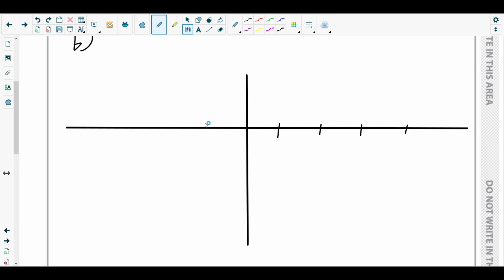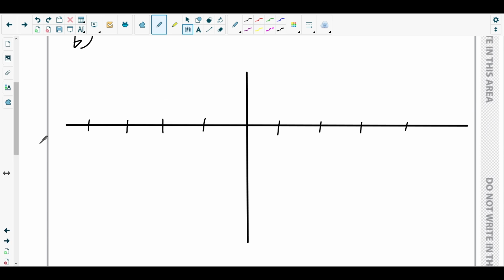This is negative pi over 2, negative pi, negative 3 pi over 2, negative 2 pi. Fine. And we know that the maximum value of sine theta is 1. So 1 minus 2 will be negative 1 now. So this is negative 1. This is negative 2. This is negative 3. And the minimum value should be negative 3.